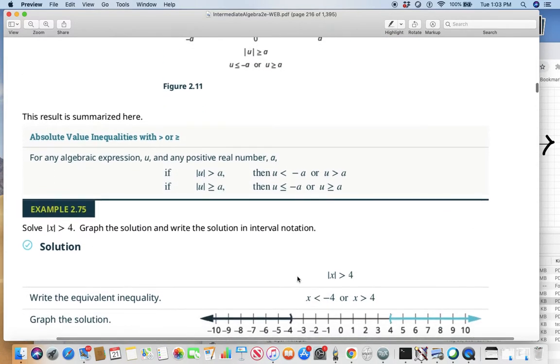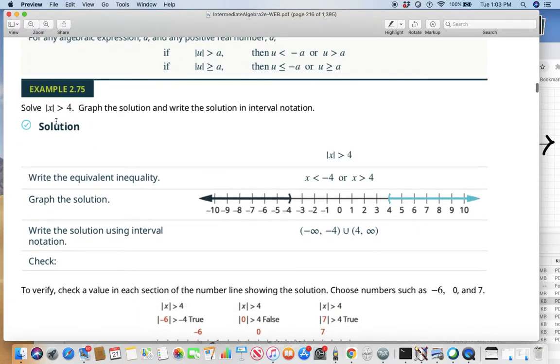All right. So for instance, let's look at 2.75. Absolute value x greater than 4. The distance of x from 0 is greater than 4. So you have to be beyond 4 or beyond negative 4. Notice equality is not allowed, so it's parentheses, it's open. In other words, notice this is highlighted, this is highlighted.